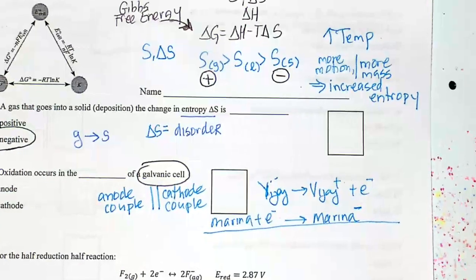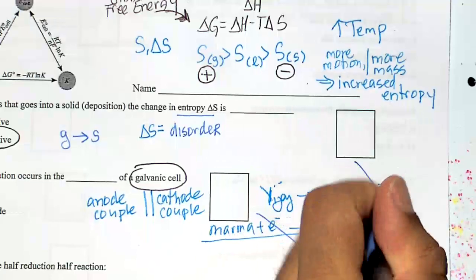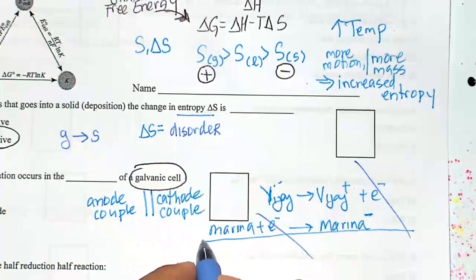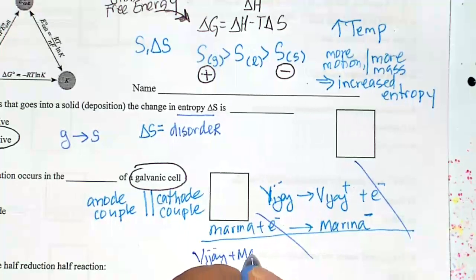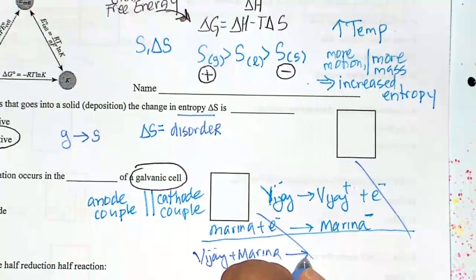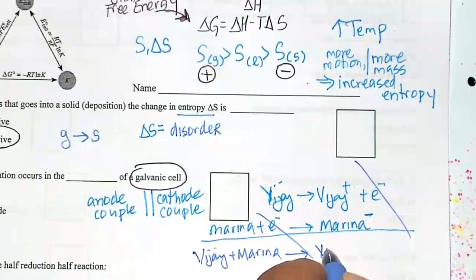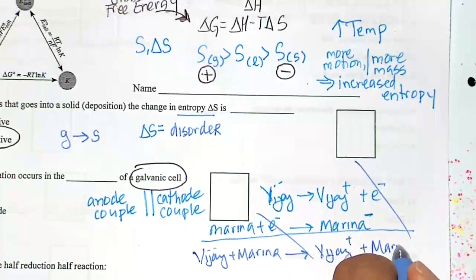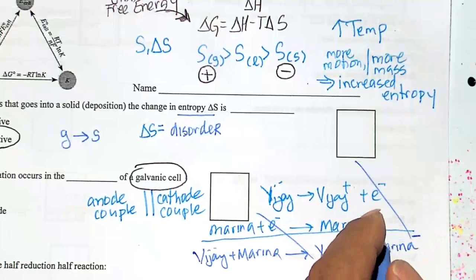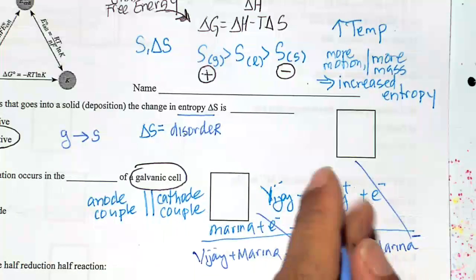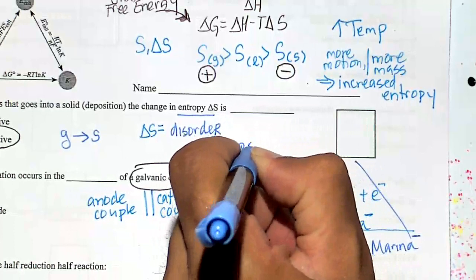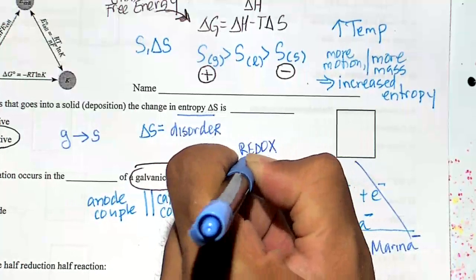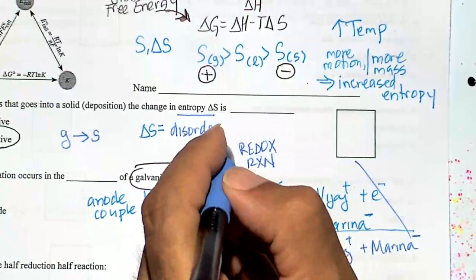So in this one electron transfer reaction, the electrons cancel. We don't want free electrons anywhere. So we get VJ plus Marina, myself plus Marina. I give up an electron, so I become positive. She takes that electron, and she becomes negative. So in this aspect of a redox reaction, somebody gets oxidized, and somebody gets reduced.